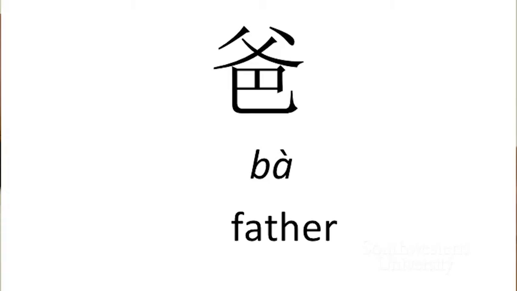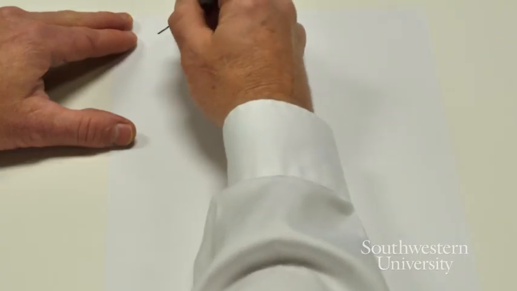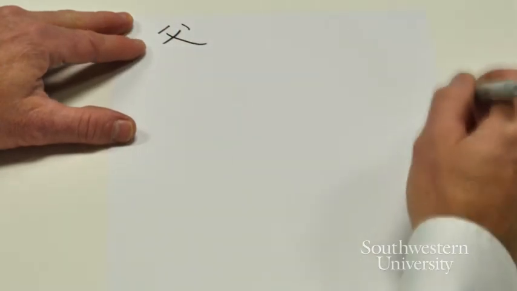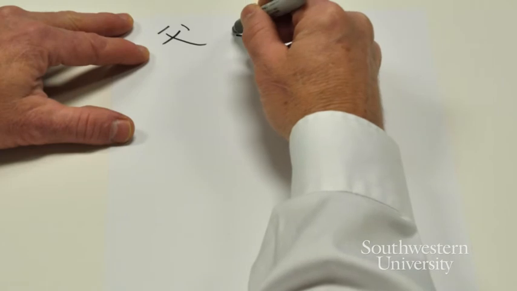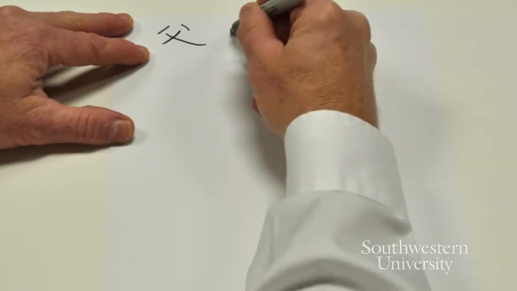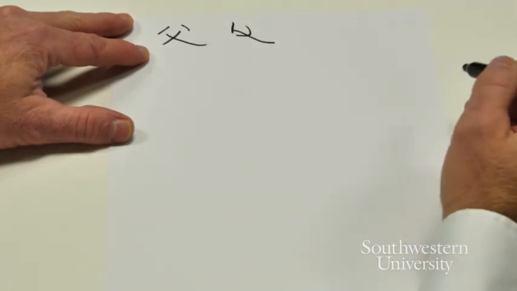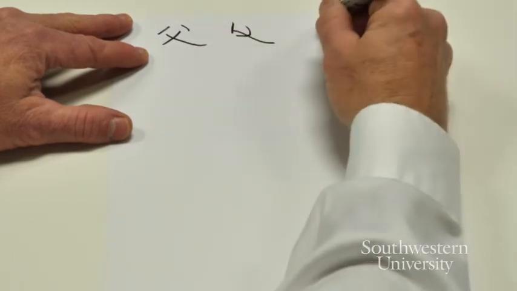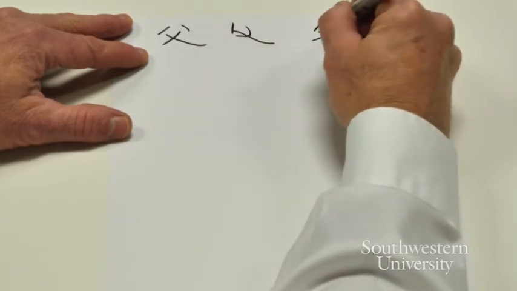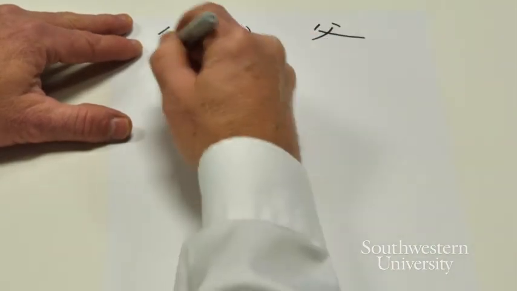This character, ba, father or dad. The top part also means father, fu, which was anciently a depiction of a hand holding a flame, like a candle, an offering to the ancestral father or patriarch, eventually written like that, fu. So that's the significant on the top.